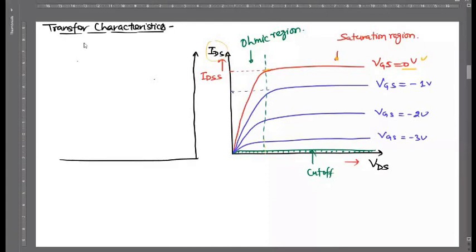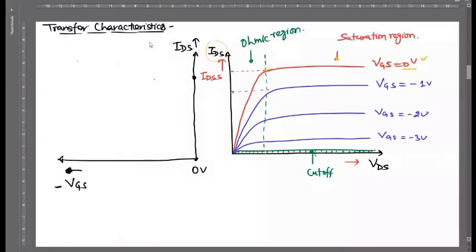And at the input side, if I draw the transfer characteristics, I am applying VGS on the negative side, and again this is IDS. For VGS equals 0 volt, IDS will have some maximum value.